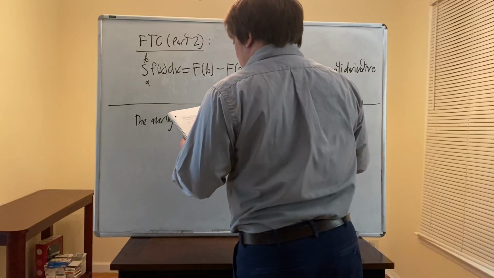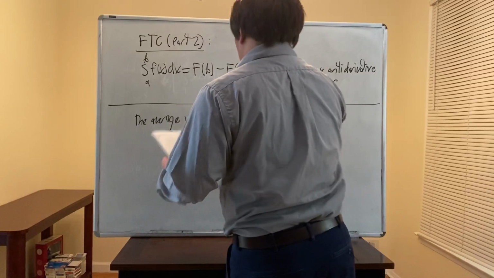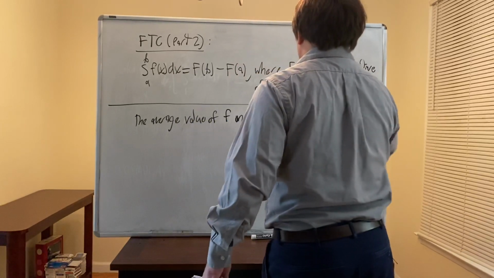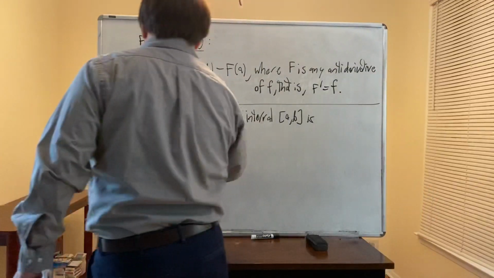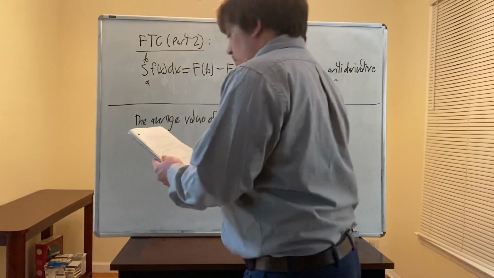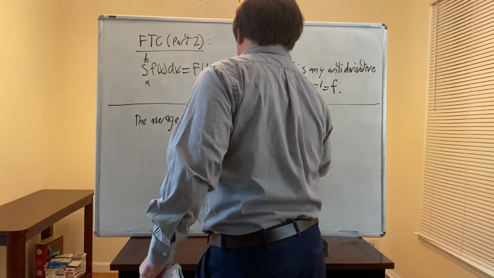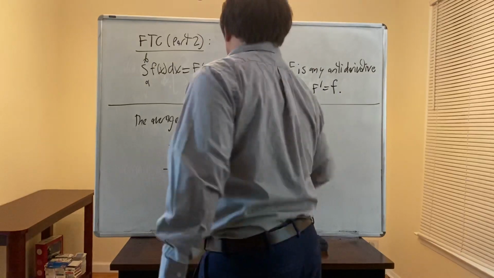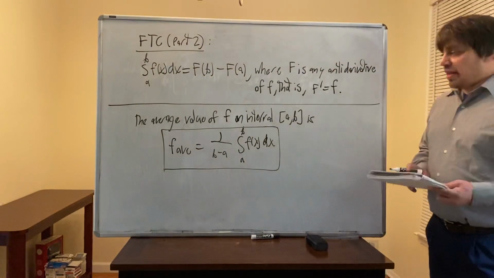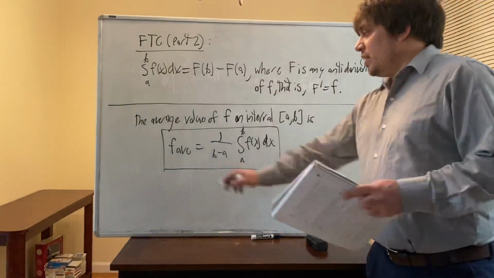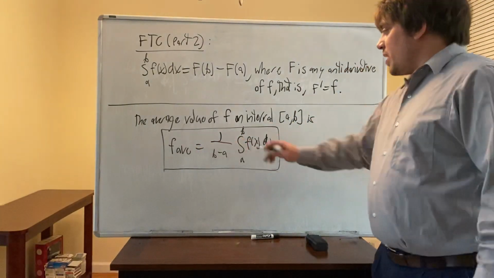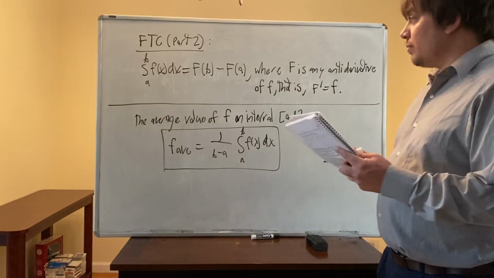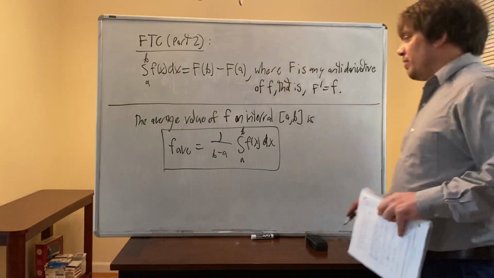So the average value of the function f on the interval a comma b is called f sub AVE, f average, which is equal to 1 over b minus a times the definite integral from a to b of f of x dx. Okay. That equation tells the average value of a function f on an interval a comma b. So that's the average value of f on an interval.